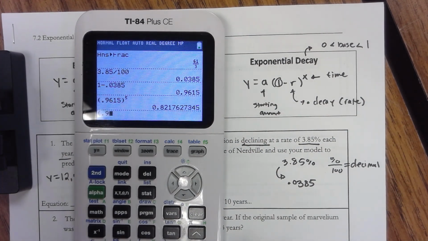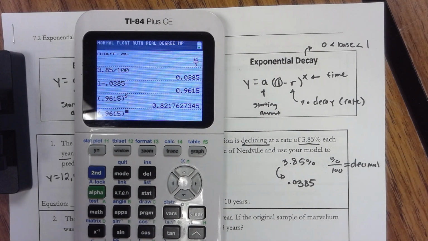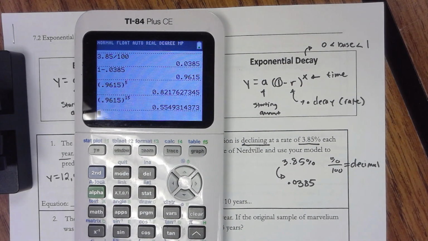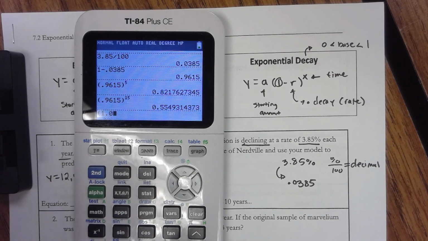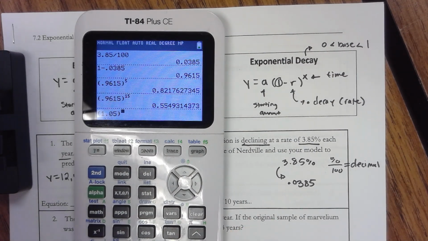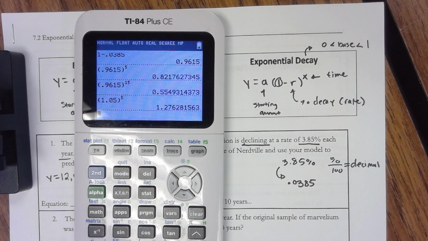If I then take it to something even bigger, like the power of 15, it shrinks by even more. That's why when we have a base between 0 and 1, it represents decay. As opposed to, let's pretend I have 1.05. When I take that to the power of 5, it's going to get bigger, not by a lot, but to 1.276. And if I now take it to the power of 20, we're at 2.65.